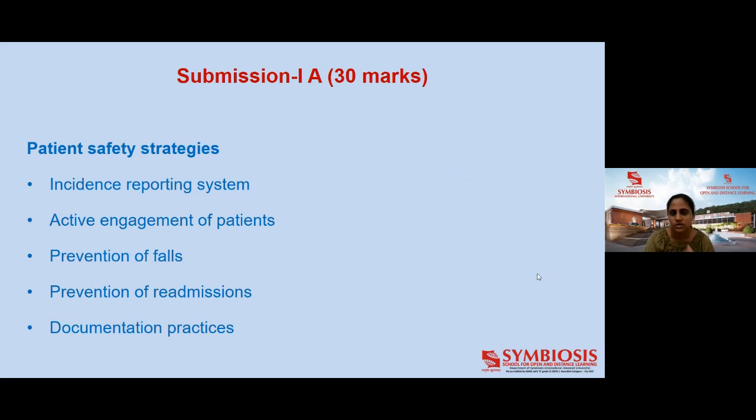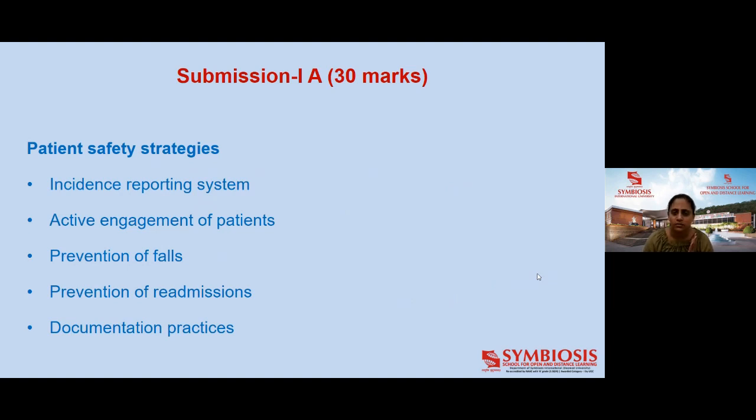Then suppose in the afternoon shift the duties change, and the nurse has not written that she has given the medicine to the patient, but the patient has taken it. Now the next nurse comes, sees in the file that there is no note written that this medicine was given, so the nurse again gives the medicine. Therefore, the patient and the relative should be alert about whether the medicine was already given by the previous nurse or not, because double dosing can also cause a problem.